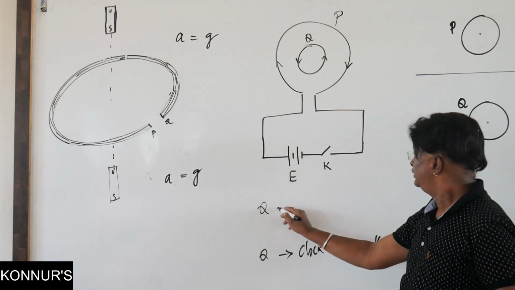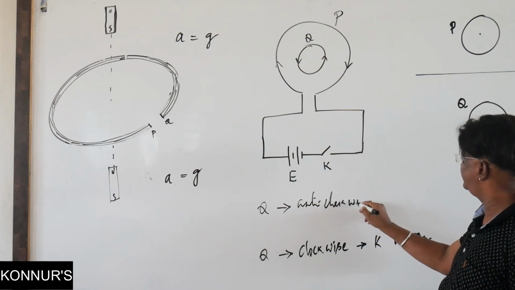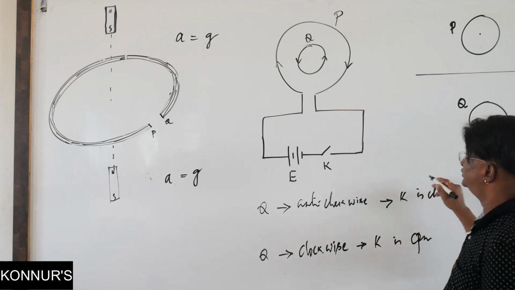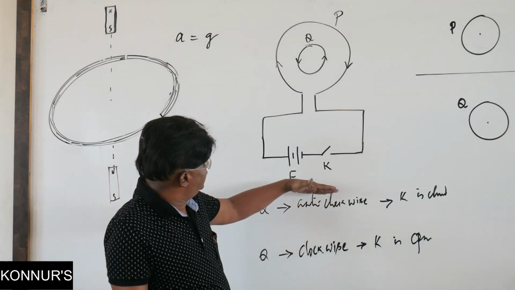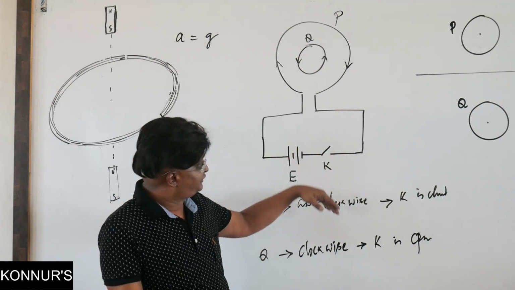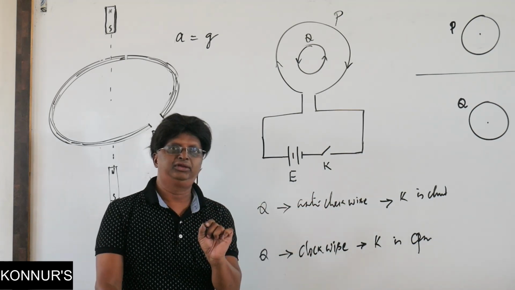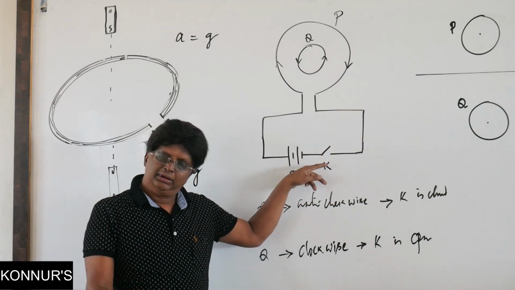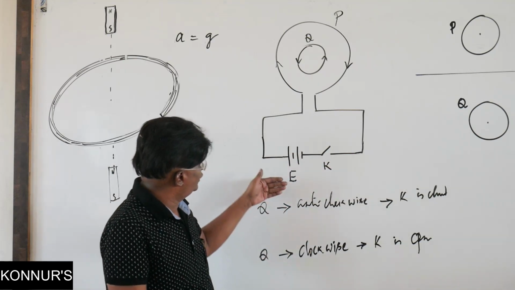In coil Q, we will see an anti-clockwise sense of induced current when the key is closed, and no question of any induced EMF or induced current in between, because these are the EMFs and currents that are induced instantaneously when the key is opened and closed. But as long as the key is closed, there is no question of any induced EMF. That is how we did it.